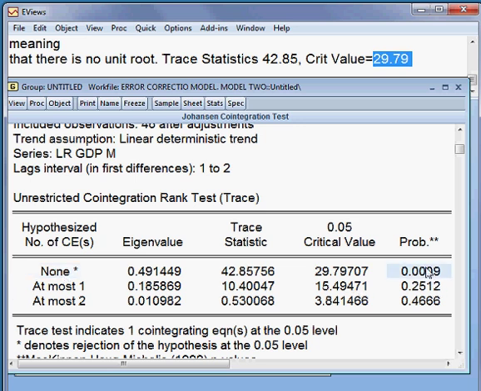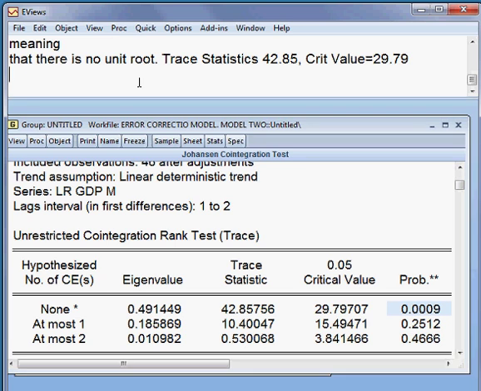And also from here, the probability value is very small. The p value is actually 0.0009, meaning 0.09%.